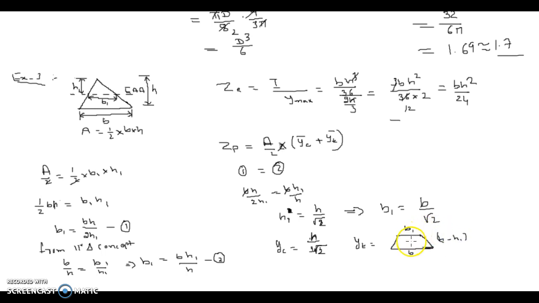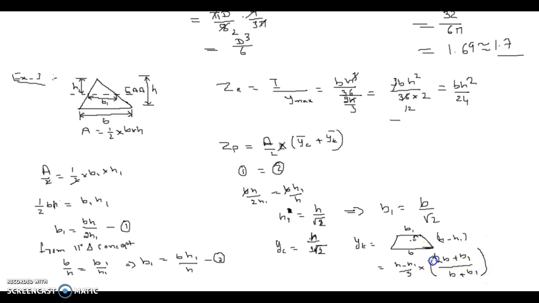Now to locate this centroid, what I'm supposed to do, I have to use this formula, that is H minus H1 by 3, multiplied by 2 times B plus B1 divided by B plus B1.